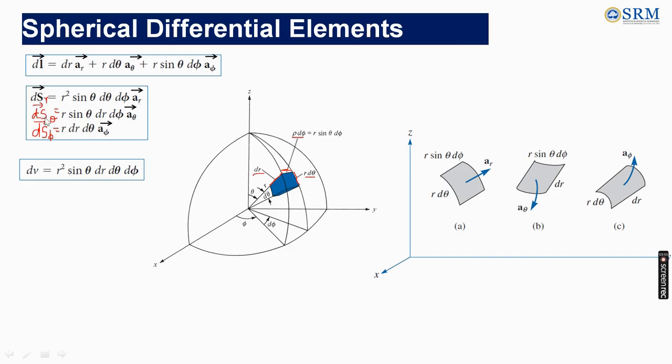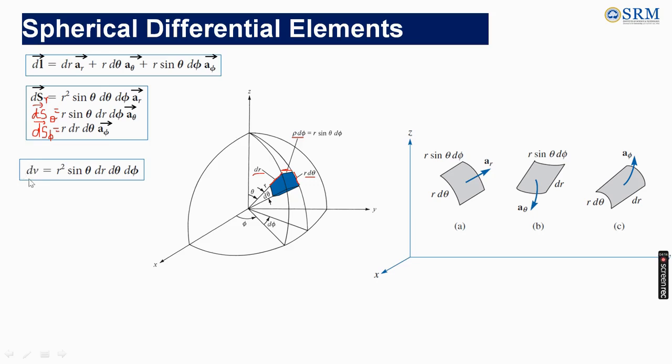Similarly, the surface area across the theta direction is the product of dr and r sin theta d phi, multiplied with the unit vector a theta cap. For ds phi, it is dr r d theta into a phi cap.